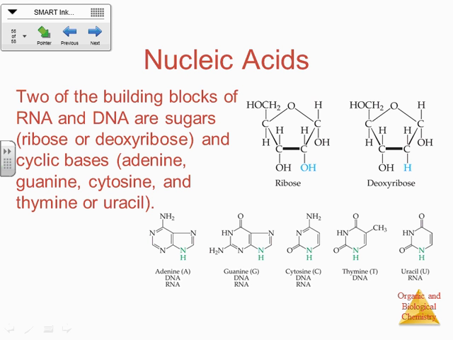And then you've got your bases, the adenine, guanine, cytosine, thymine, or uracil, and this shows the structure of all of these down here. Okay, lots of nitrogen in those bases, so we've got a lot of carbon-nitrogen bonds here, and then some oxygen as well with the guanine and the thymine and uracil. Well, actually, yes, cytosine too.